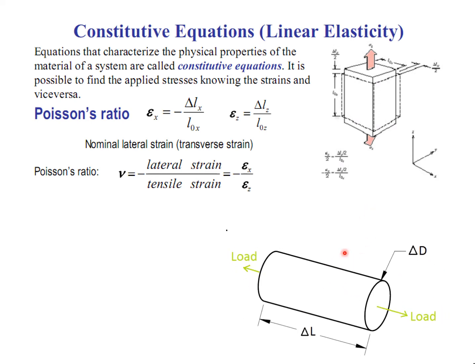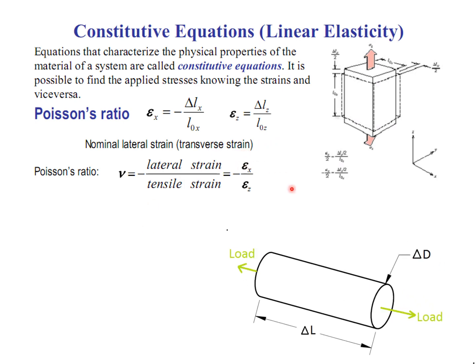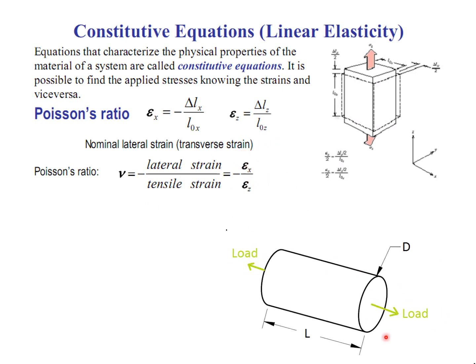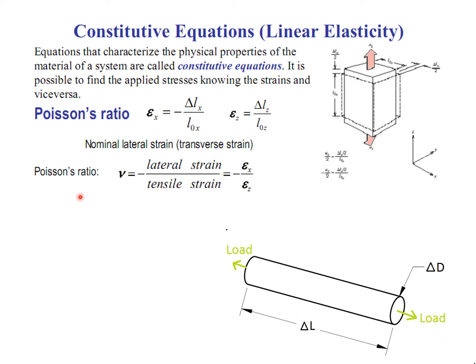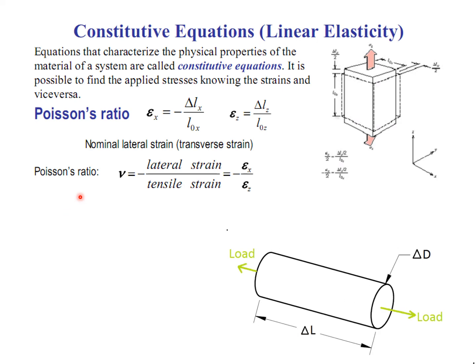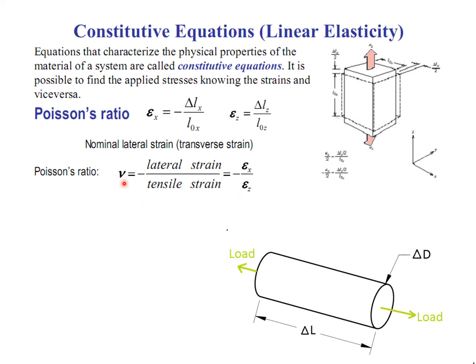The material becomes thin in this direction. If we take the negative ratio of lateral strain and this tensile strain, it's called Poisson's ratio. So this will be Poisson's ratio xz.